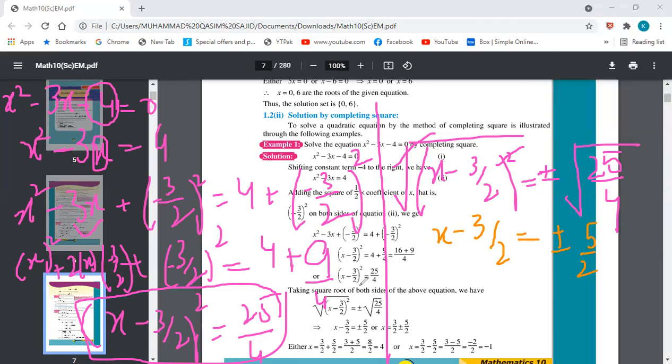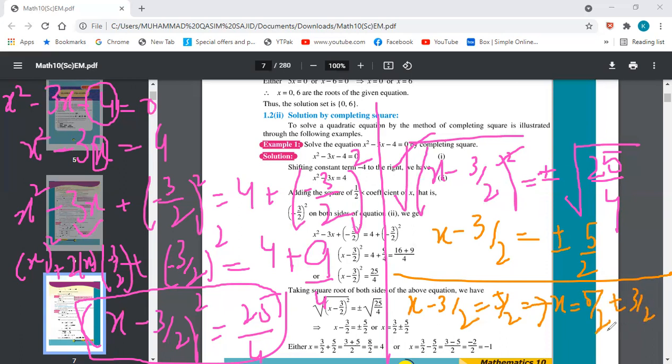For the two roots, first, x minus 3 upon 2 equals to plus 5 upon 2. So x equals to 5 upon 2 plus 3 upon 2, so this value equals to 8 upon 2, x equals to 4.